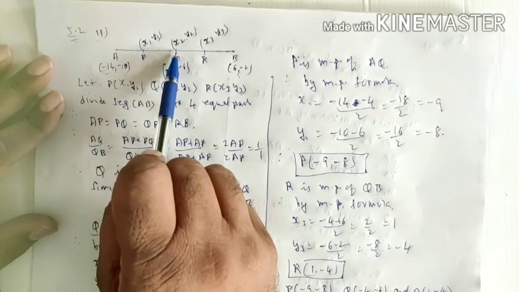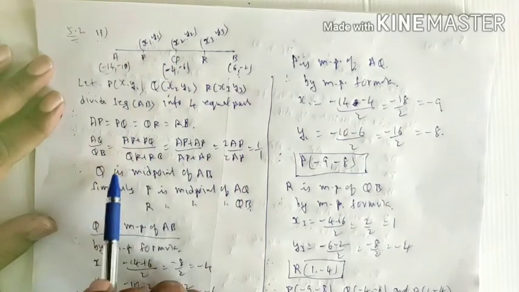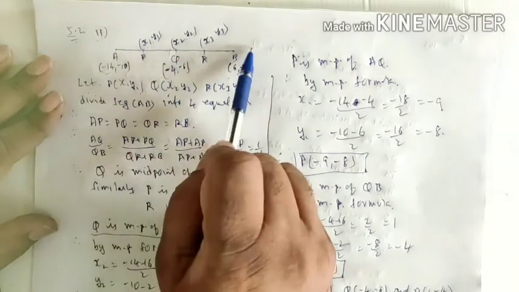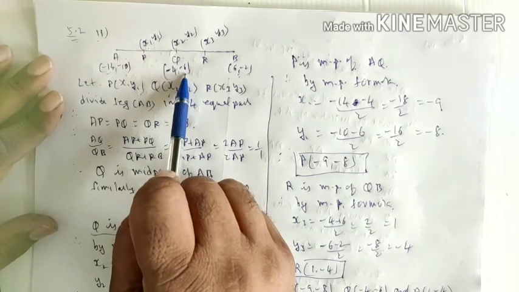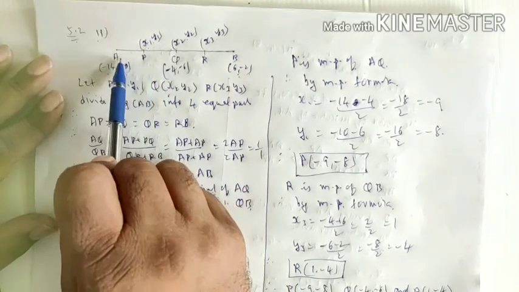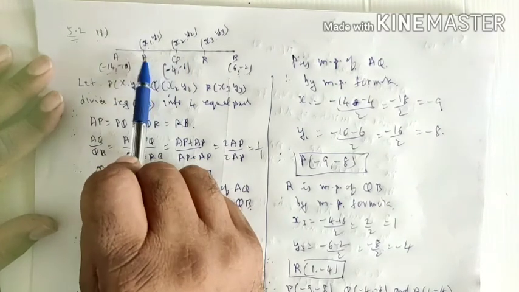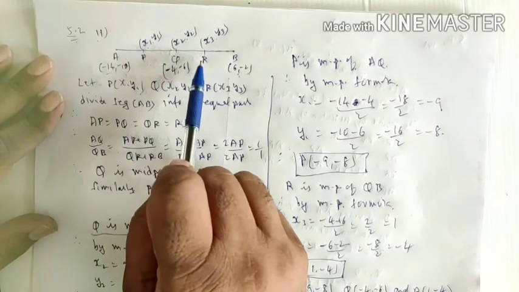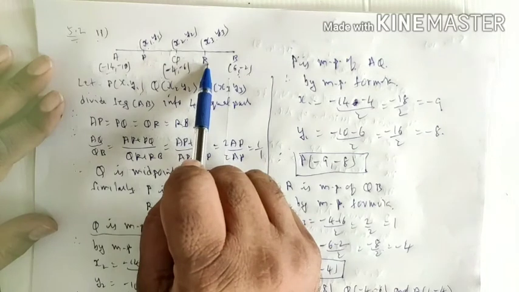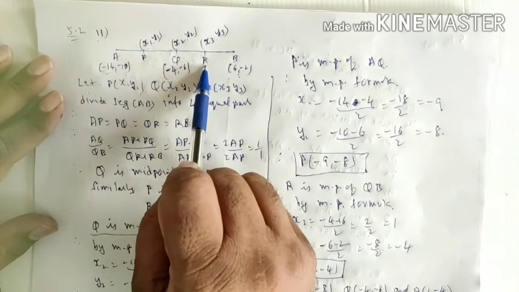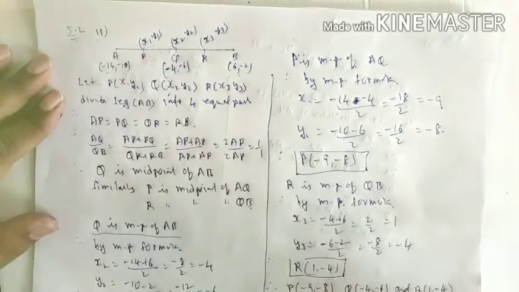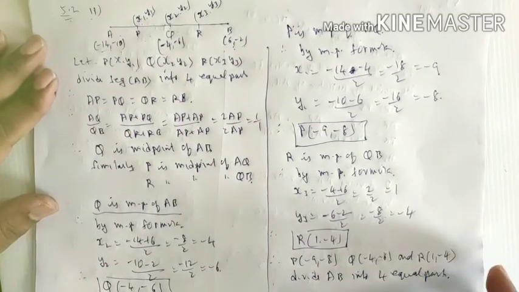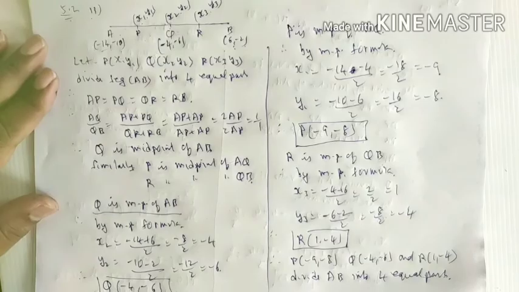Now say here Q, first you have to show that Q is midpoint of AB, and then by applying midpoint formula we get the coordinates of Q. Similarly, we can prove P is midpoint of AQ, apply midpoint formula, we get the value of P. R is midpoint of QB, apply again midpoint formula, we get the coordinates of R. So, PQR divide this AB into 4 equal parts. So, simple sum hai, practice it properly.